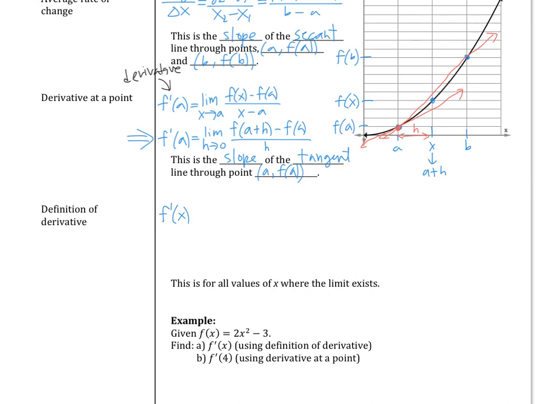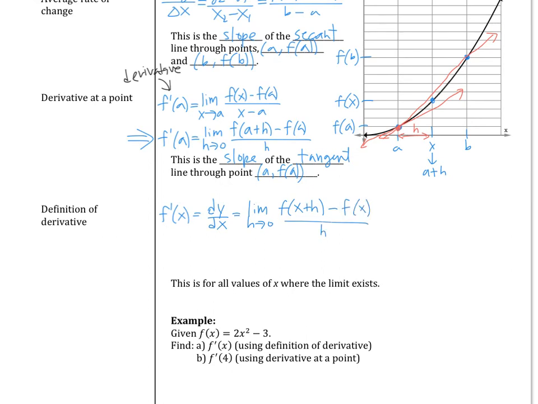Okay, that definition is f prime of x, or the derivative of x, dy over dx. dy over dx means derivative, equals the limit as h goes to 0 of f of x plus h minus f of x, over h.